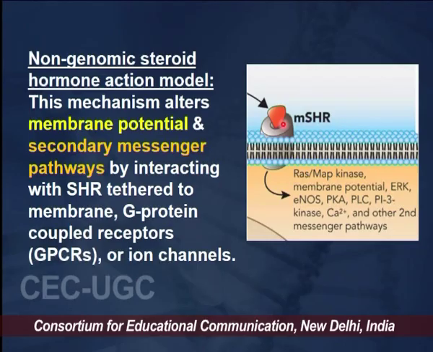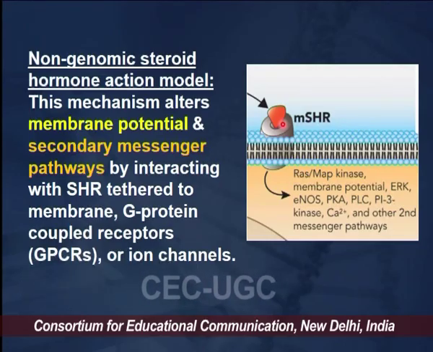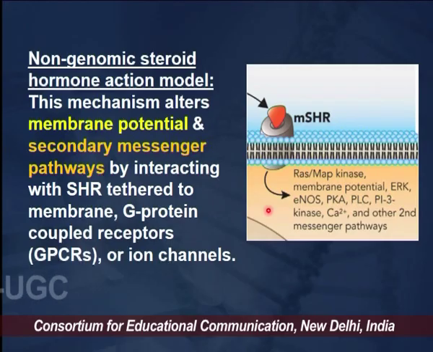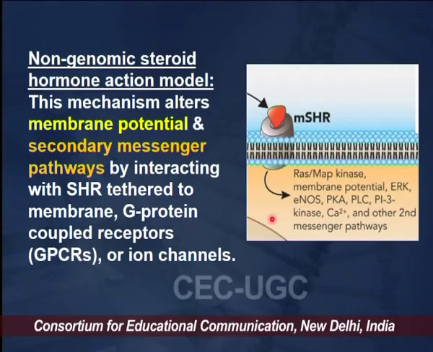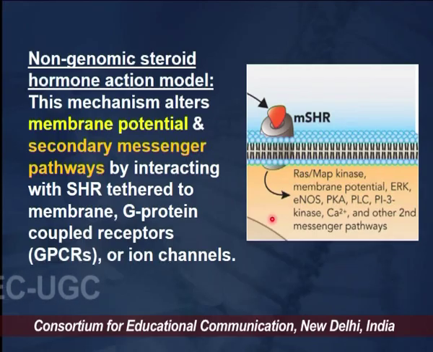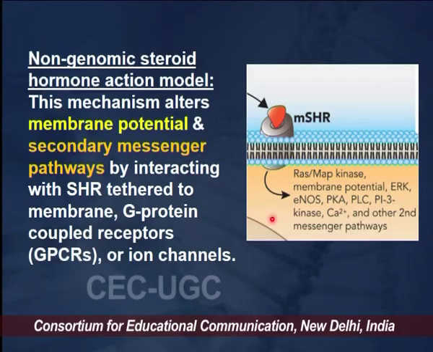Now, if you compare both methods, you will see that the non-genomic action is quite quick as compared to the genomic action. So you might say that it is good that hormones function very quickly, and it is better that membrane receptors are there, so the non-genomic pathway is good. But it is actually not true.